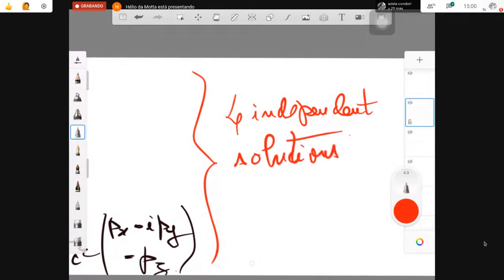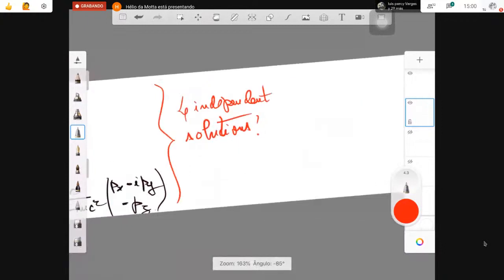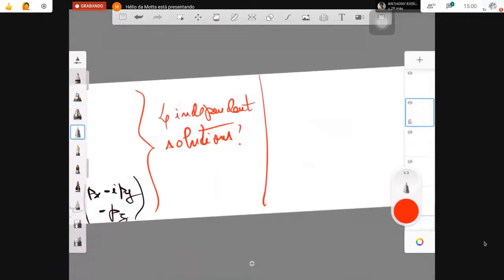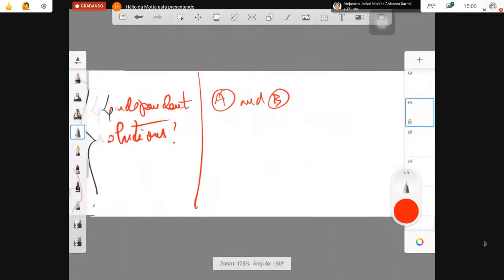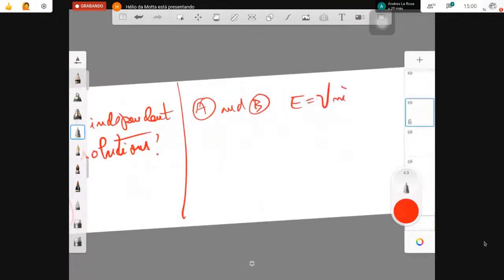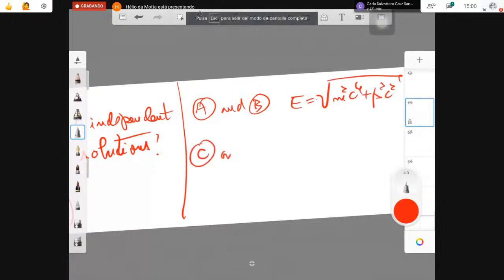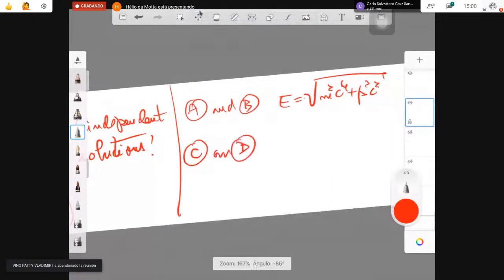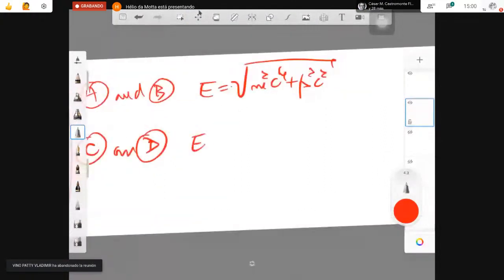A and B are for E equal to the square root of m²c⁴ plus p²c², and C and D for E equal to minus the square root of m²c⁴ plus p²c².